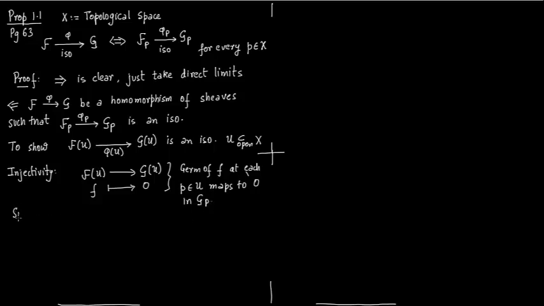Now we have an iso like this. So the 0 will get carried to 0 in F_p. If phi_p is an iso and something is 0 in G_p, it will be 0 in F_p.